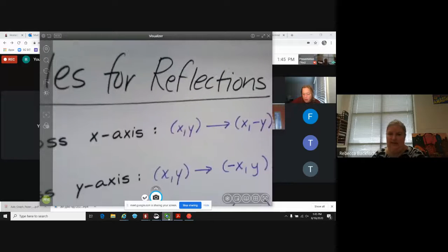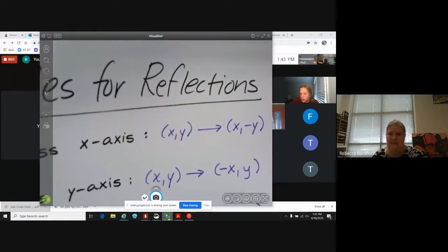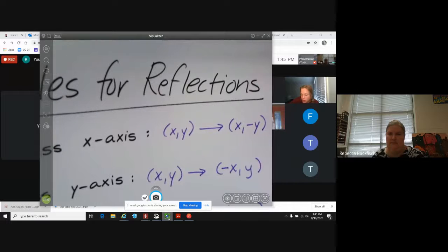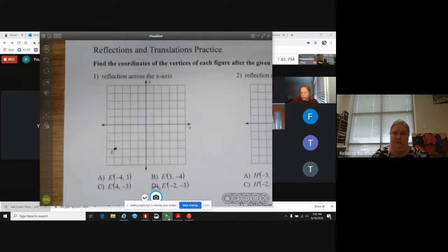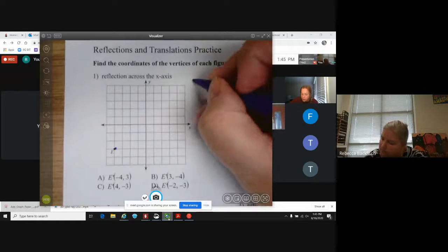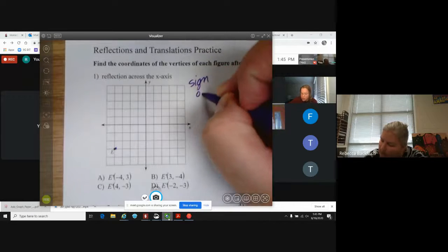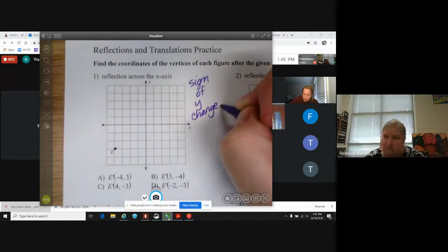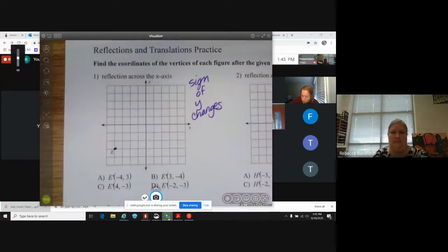So across the x-axis. Okay, so the only thing that's going to change when I go across the x-axis is the sign of y.